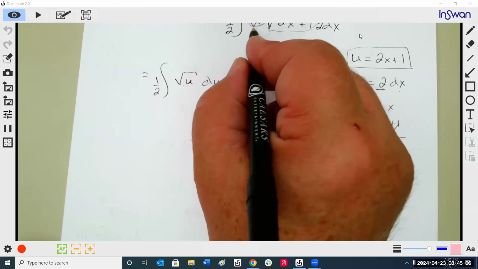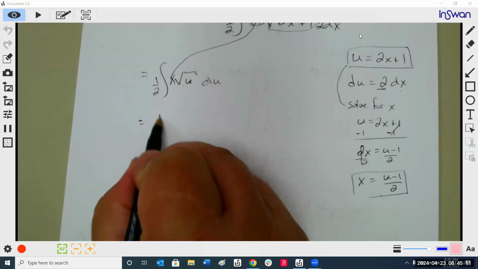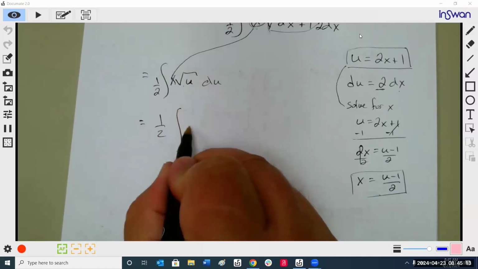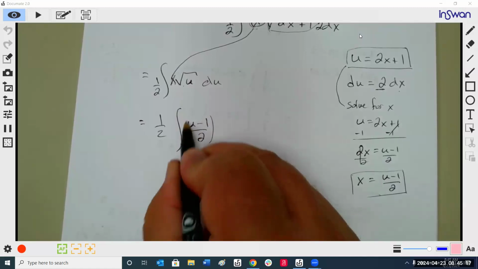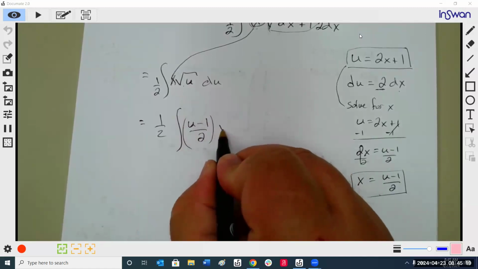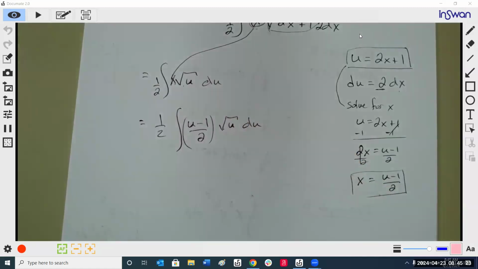So this x becomes 1/2 (u minus 1) times the square root of u du.